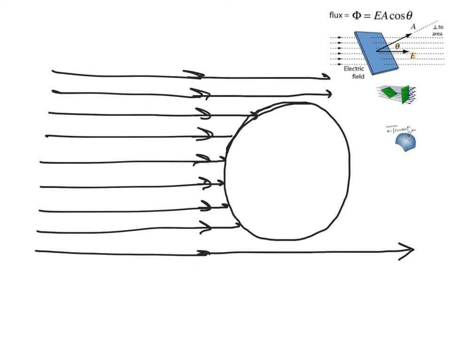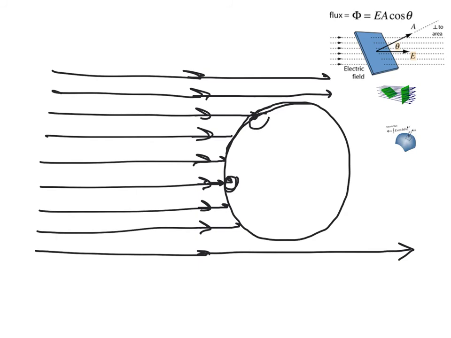And what you'll notice here is that although the field is uniform, it's hitting the conductor at different places at different angles. So if we take an area element here, it's hitting directly on that area element.